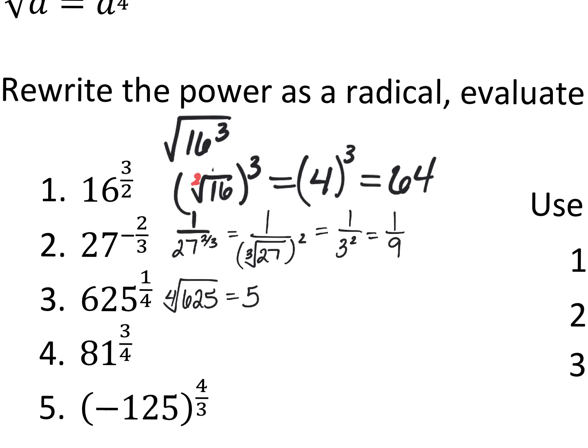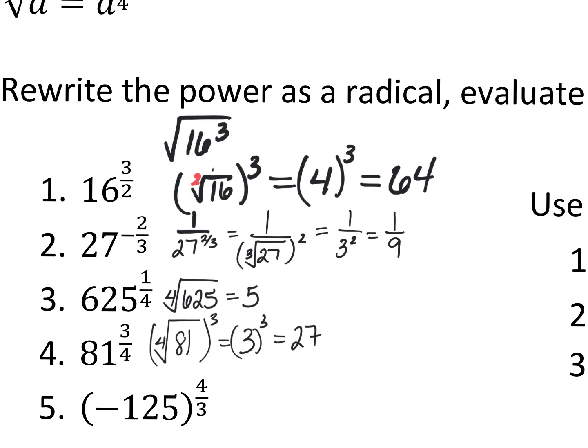Okay. I want you to try number 4. Okay, so how do I rewrite it as a radical? 81 to the 3/4. What's the root? 4. The 4th root of 81, and the exponent is the 3, the numerator. What's the 4th root of 81? 3. So that's 3 cubed, which is 27.